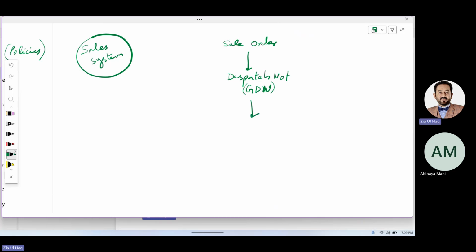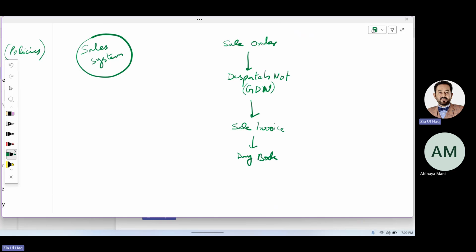And then the company prepares another document called a sale invoice. It is the bill that we will send to the customer: please pay this amount against your order that has been delivered to you. Against the sale invoice, the company will record the accounting entry in a sale day book.